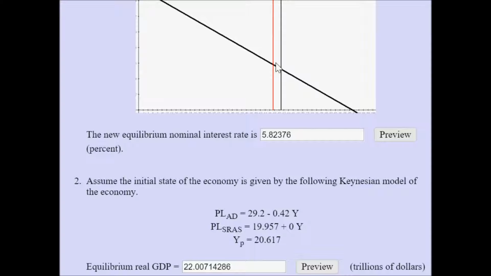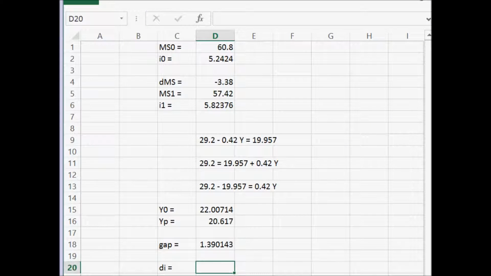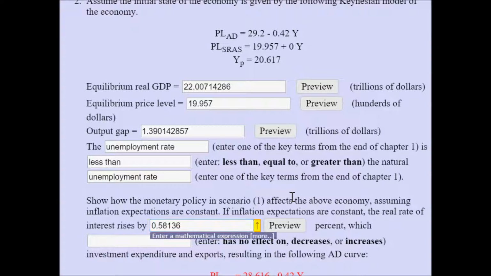So I need to calculate the difference in nominal rates of interest. The difference in the nominal rate of interest is equal to the final nominal rate of interest minus the initial. The nominal rate of interest went up by 0.58136 percentage points.